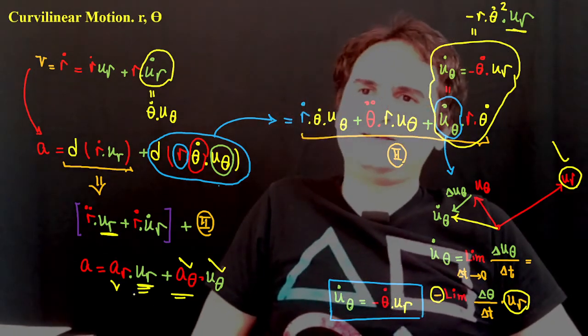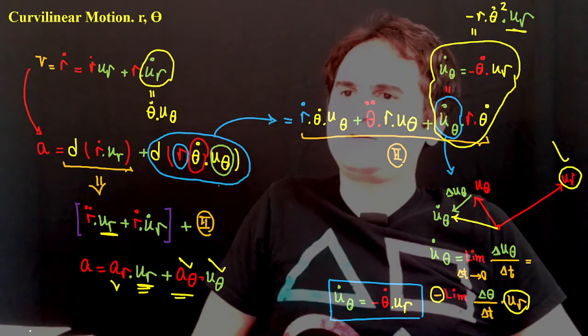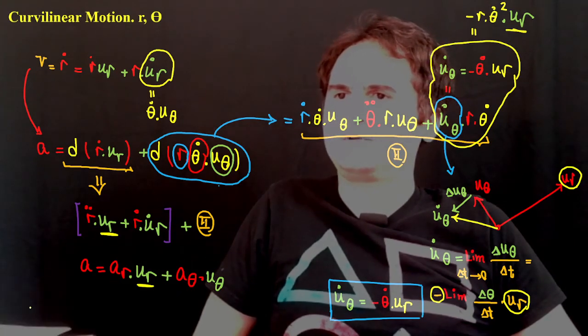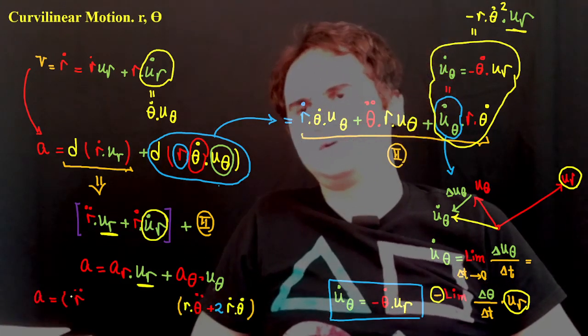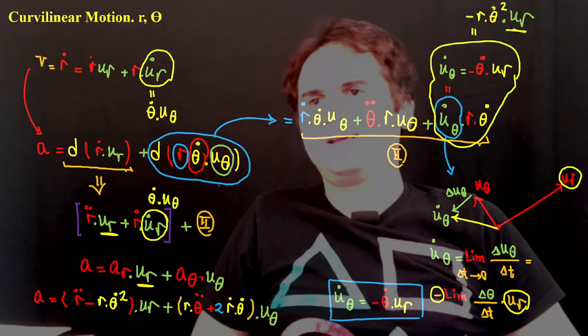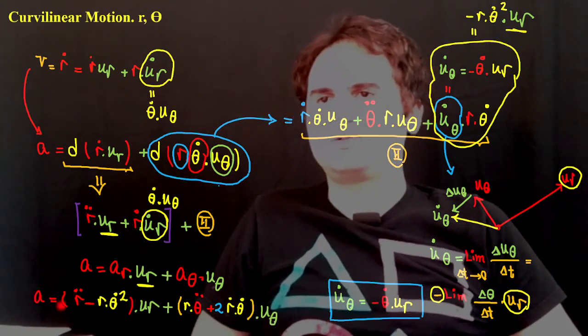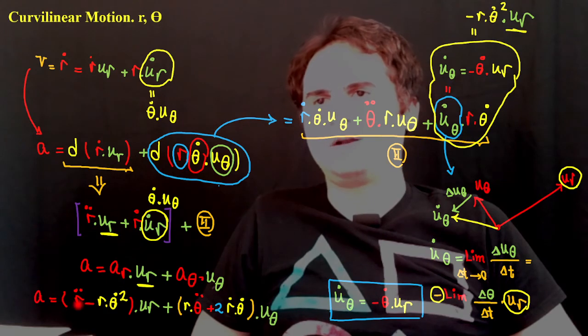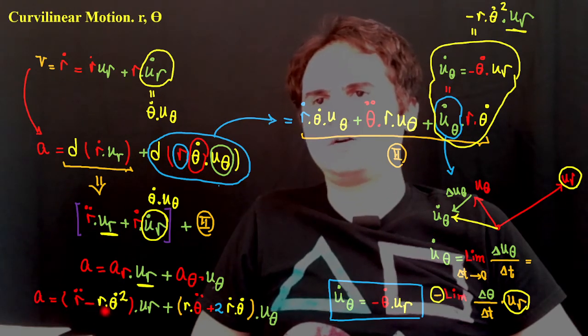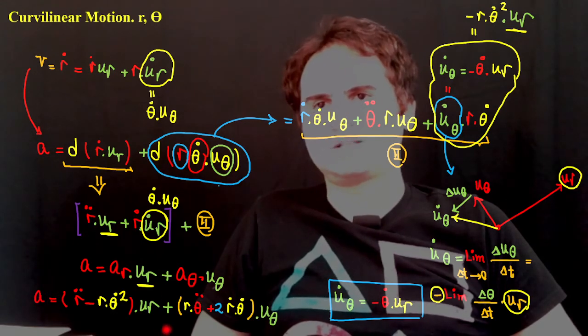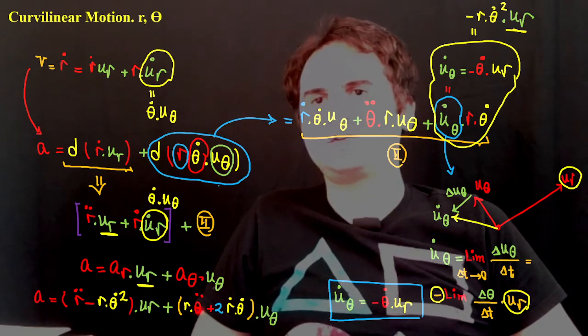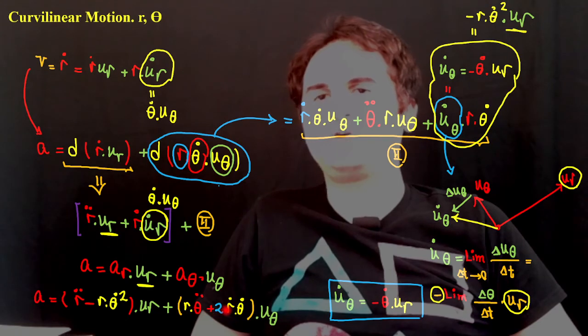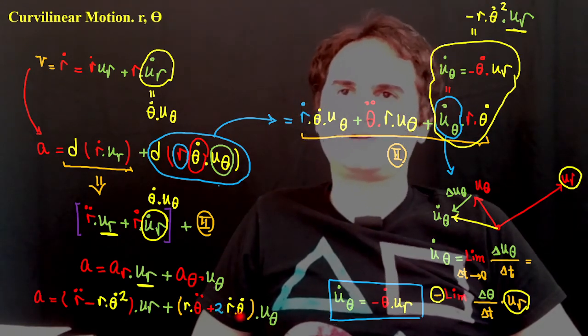And if you add the identical terms with each other, it just gives you a is equal to a r, which is r double dot minus r times theta dot squared times u r, plus in parentheses r times theta double dot plus 2 times r dot times theta dot.